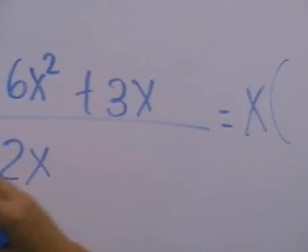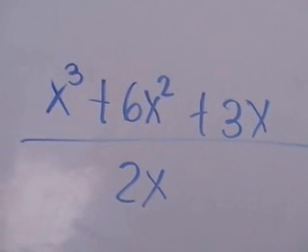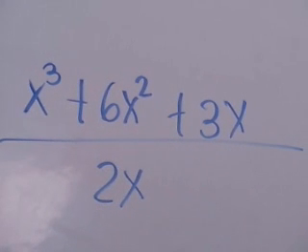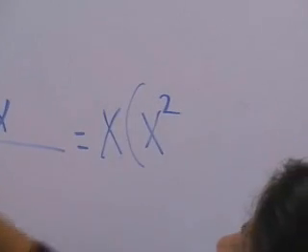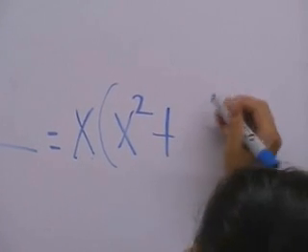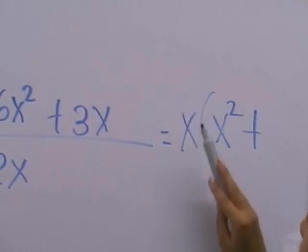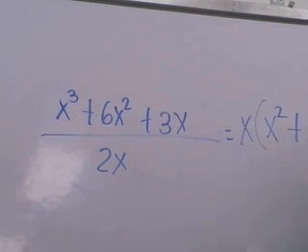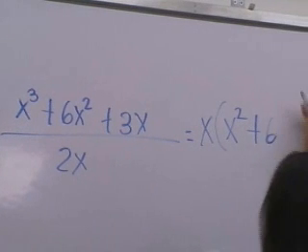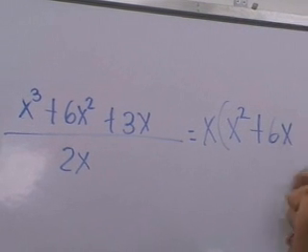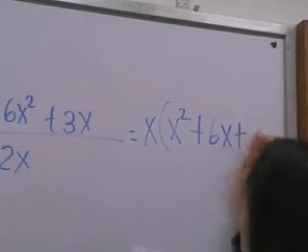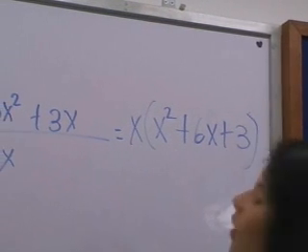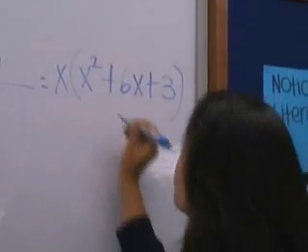So x, say what multiplied by x will give you x cubed. So x squared plus, what multiplied by x will give you 6x squared? 6x. And then something that will give 3x. So 3. So you already simplify this one.